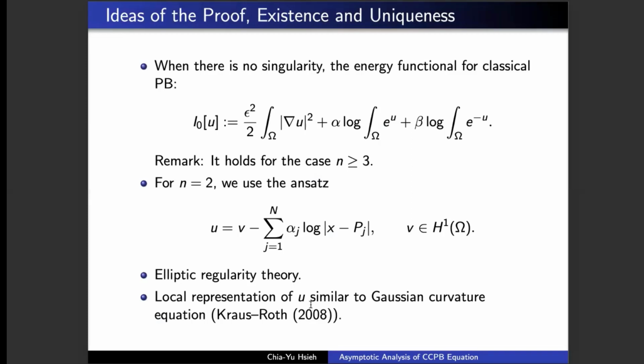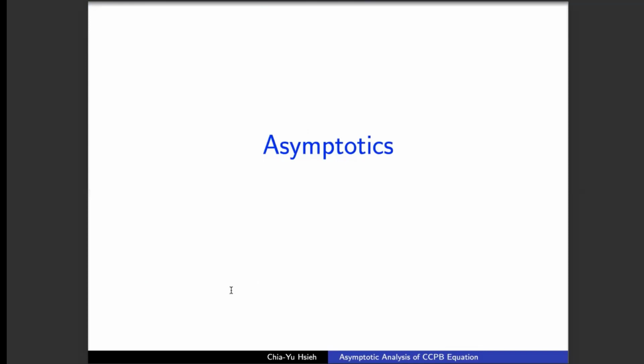Because if we have two different solutions, U1 and U2, then we can write down their local representation near some P_j, and the difference of U1 and U2 in this case becomes an H1 function, so that we can do integration by parts or other manipulations without gaining additional terms from the singularity. Okay, so next, I'd like to talk about the asymptotic behavior of the solution.